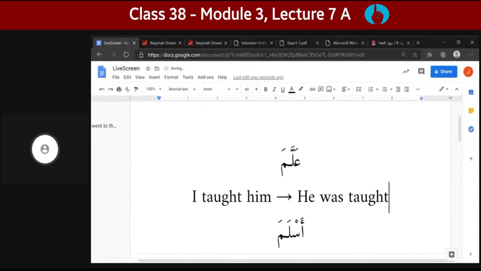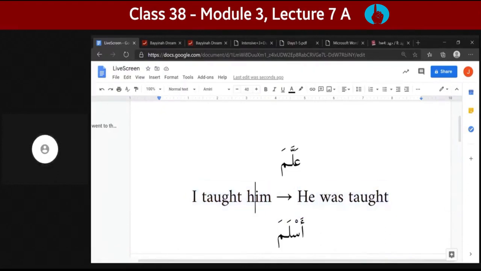Now both of these are saying the same thing. It's just in the first one, I have a doer, and in the second one, I don't have a doer. This first one is called active, and the second one is called passive.